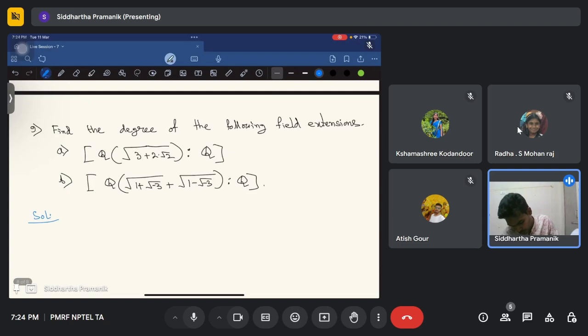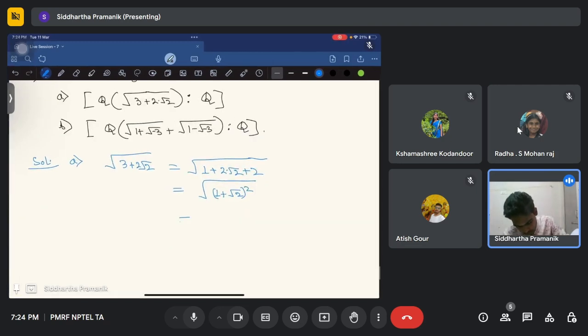Okay, let's do the first one. Observe that 3 plus 2 root 2 is basically 1 plus 2 times root 2 plus 2. So if you take 1 plus root 2 and take the square, and then take the square root, this is basically 1 plus root 2.